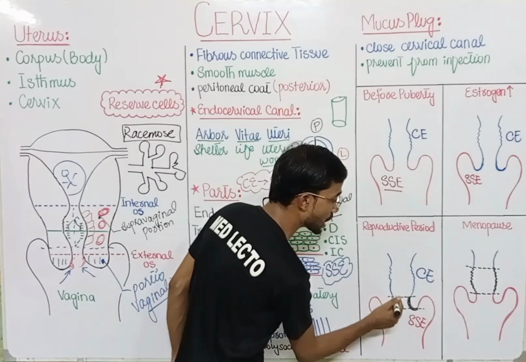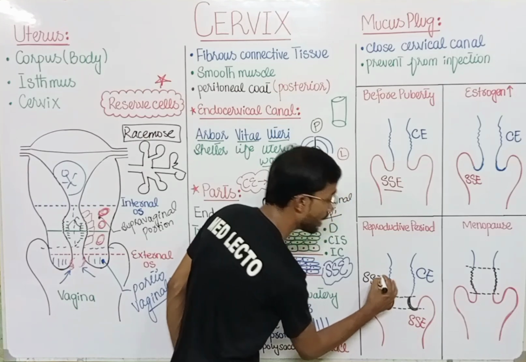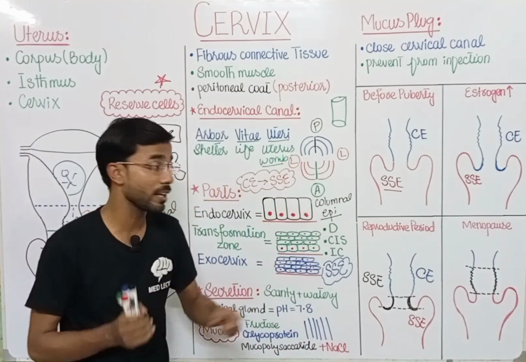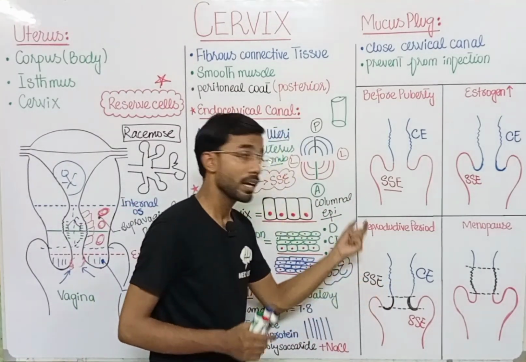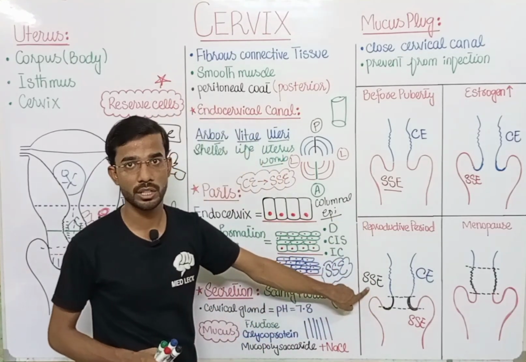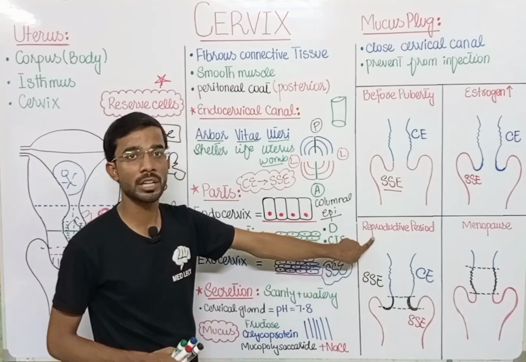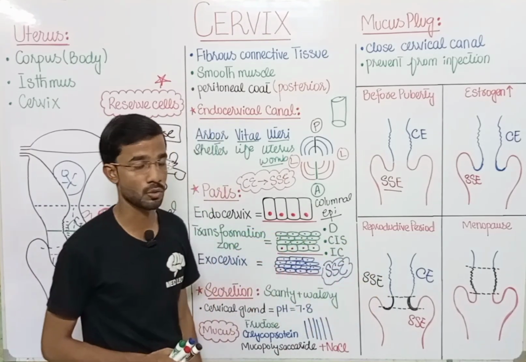Keep one thing in mind: in the transformation zone, columnar epithelium changes into stratified squamous epithelium.